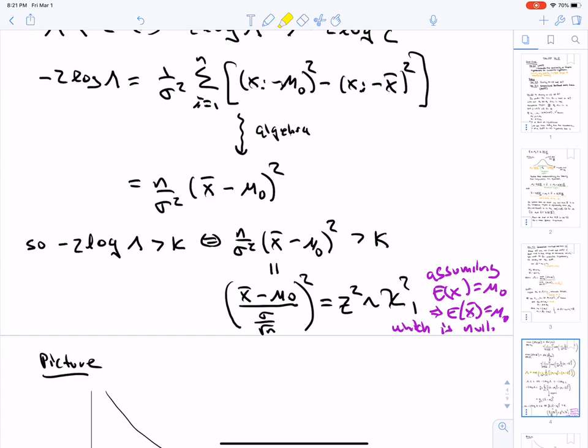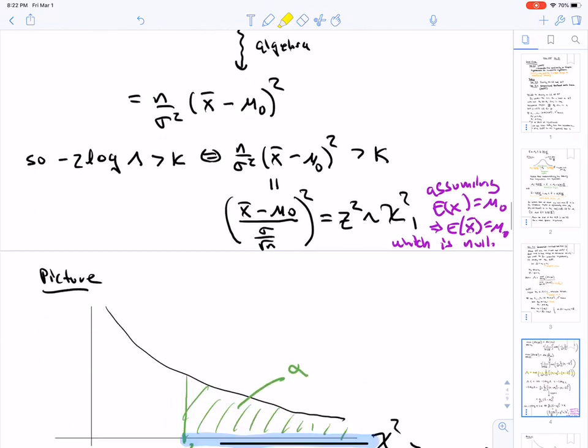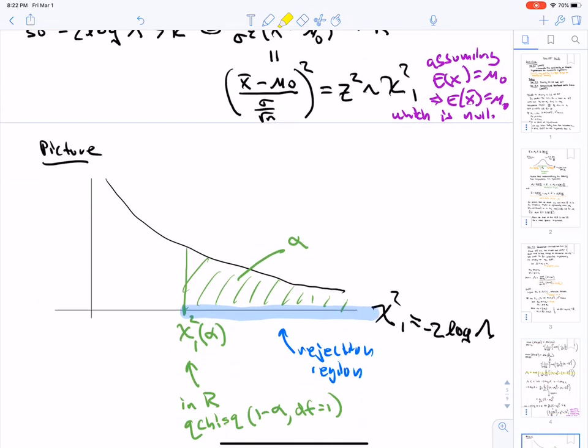But this is just z squared, which is a chi squared with 1 degree of freedom, assuming that the expectation of x is mu 0, or equivalently the expectation of x bar is mu 0, which is true by the null. So you can see this in a picture here.